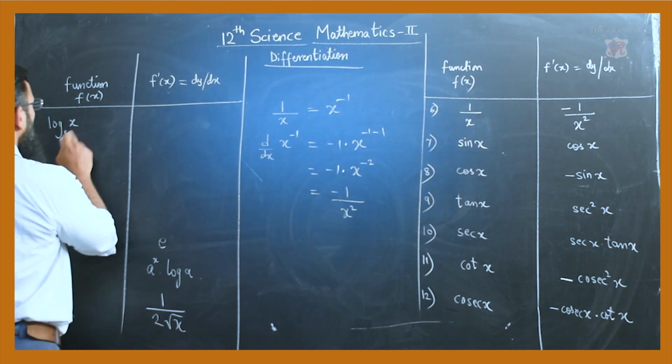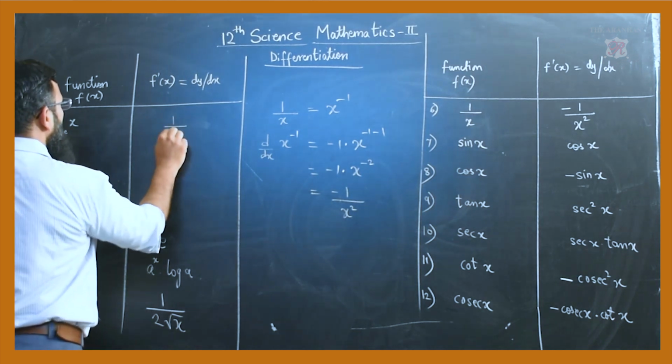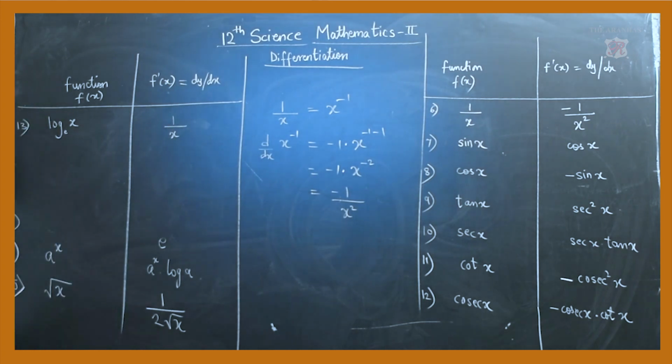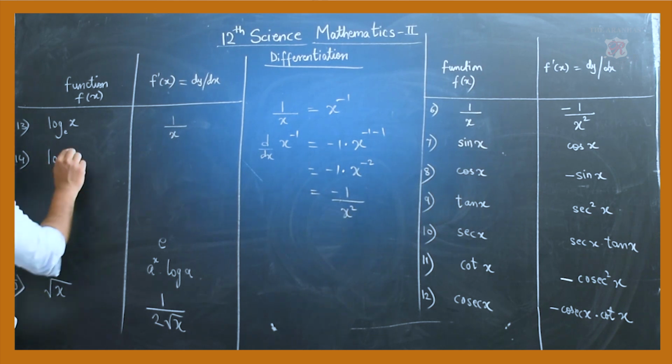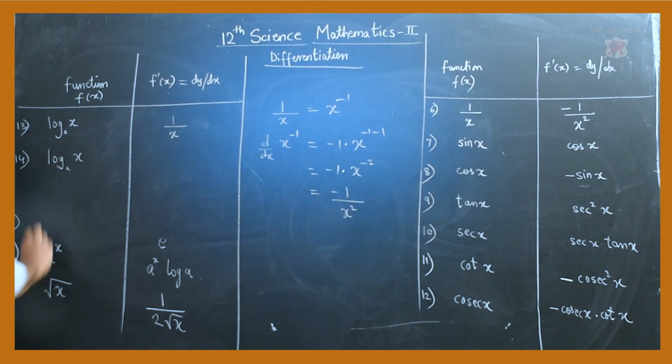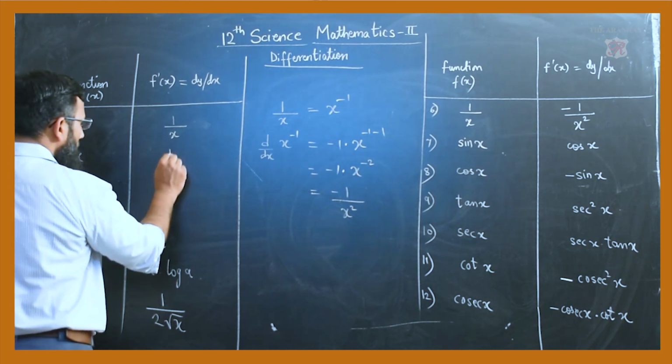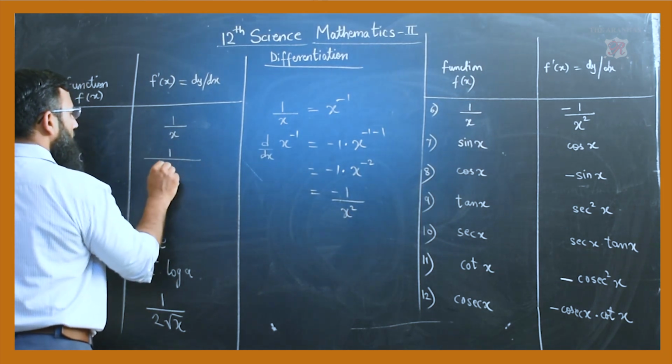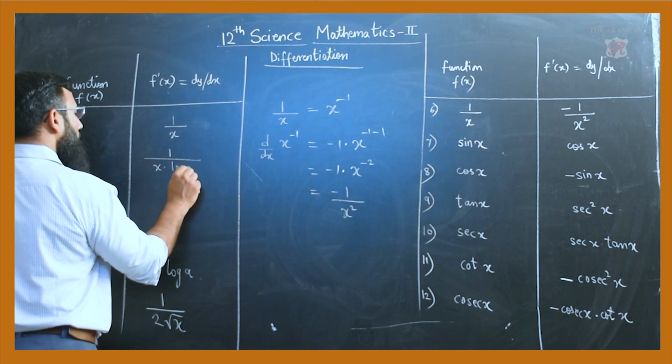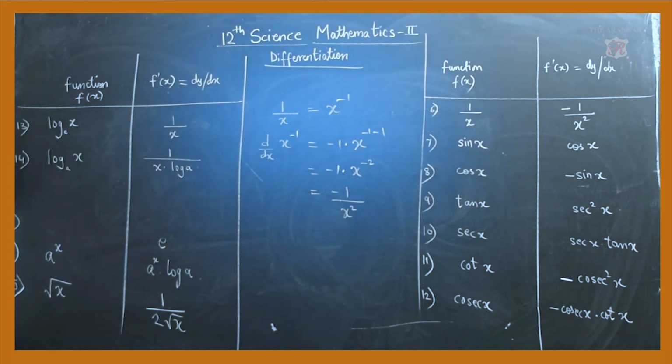Under such a situation, the derivative of log of x is 1 upon x. And if you have log of x to the base a, under such a situation it is 1 upon x log of a. So this is the answer.